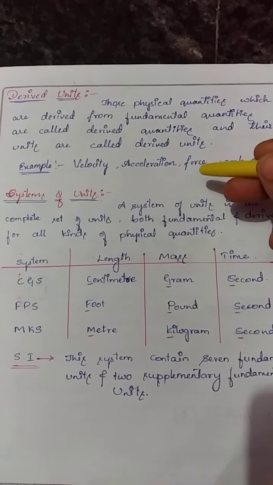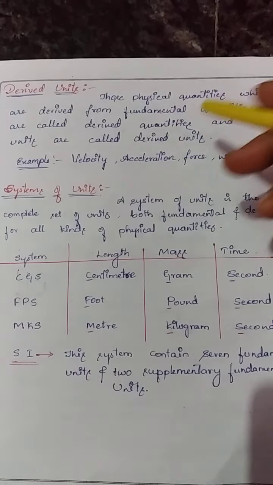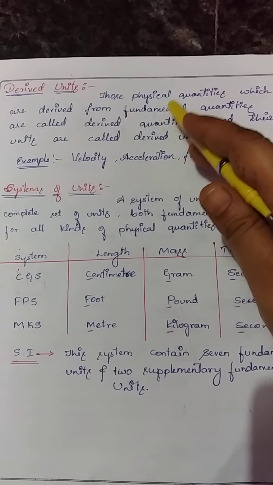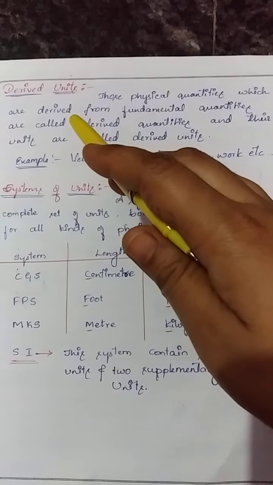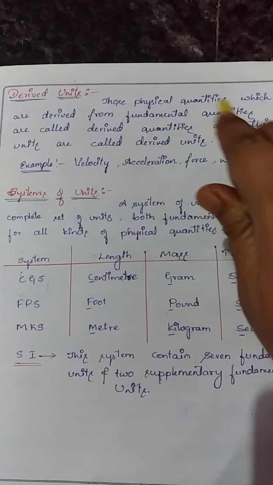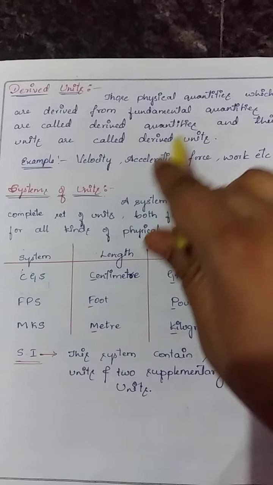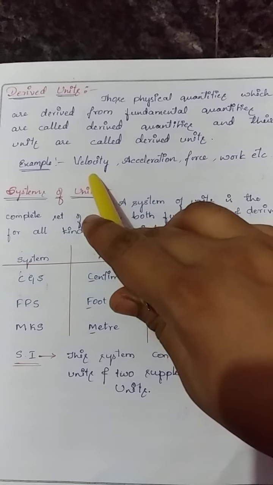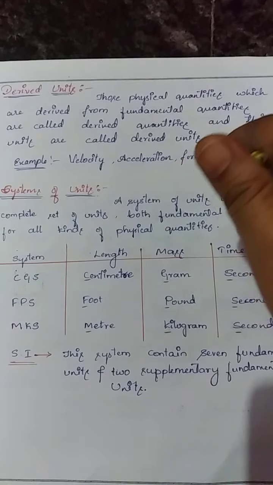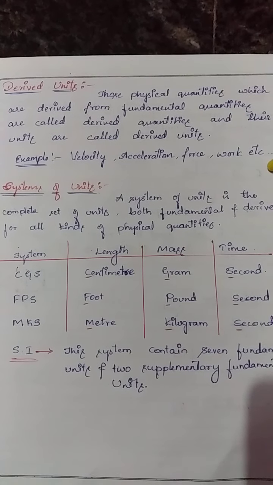Fundamental quantities are independent. Derived quantities depend on fundamental quantities. Example: velocity, acceleration, force, work, energy, pressure, stress; those are the derived quantities.